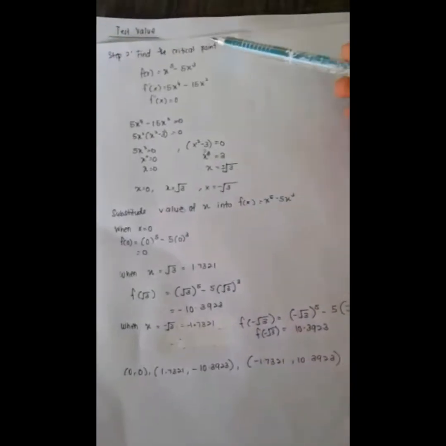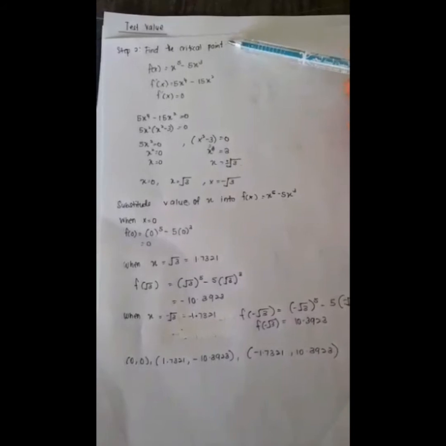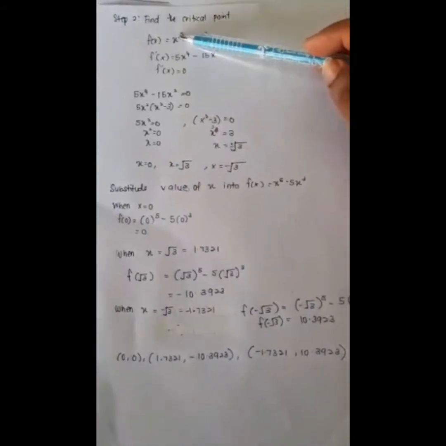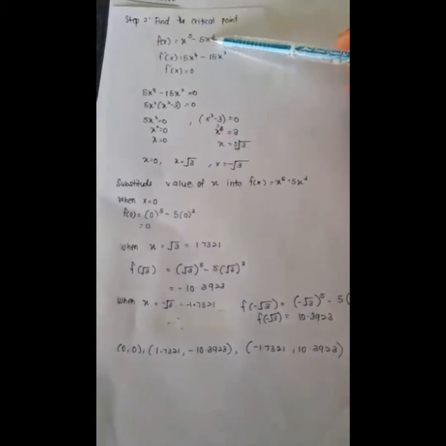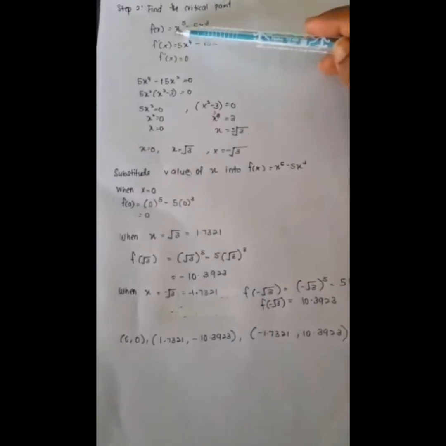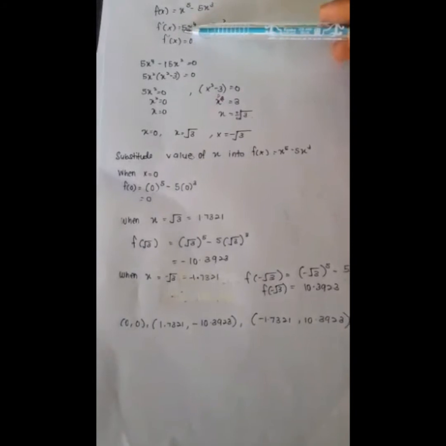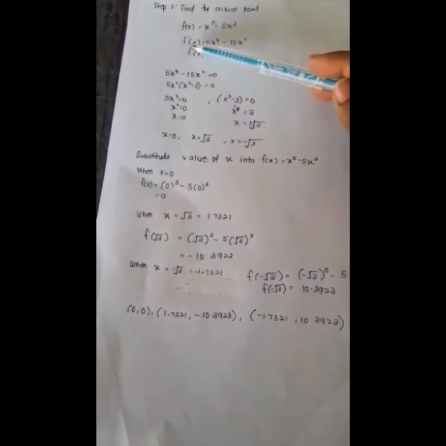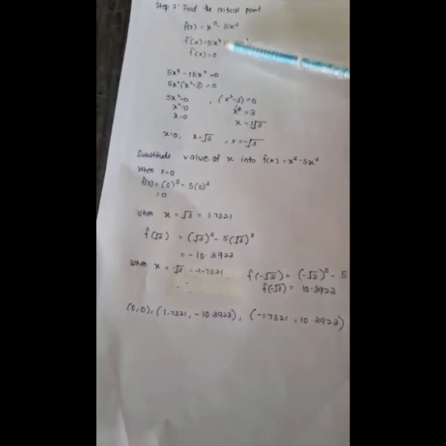Now we can move to our step 2, which is to find the critical points. With the function given, we have to find the critical points, but we have to use the first derivative. So we will get this after we differentiate the function, and we have to set f prime x equals 0.